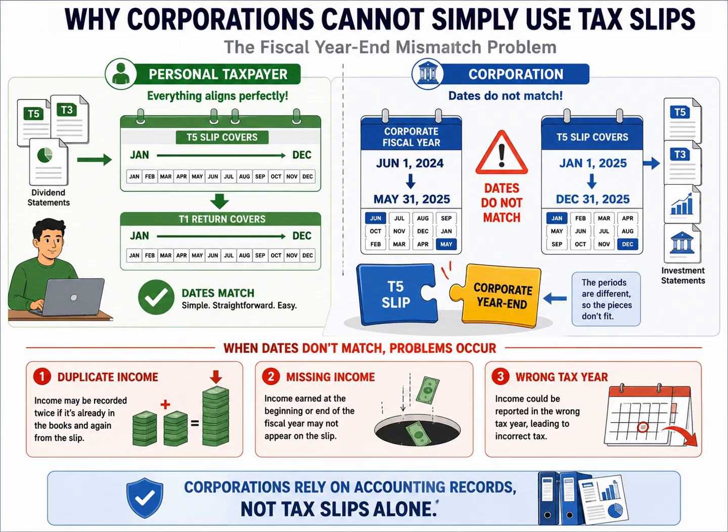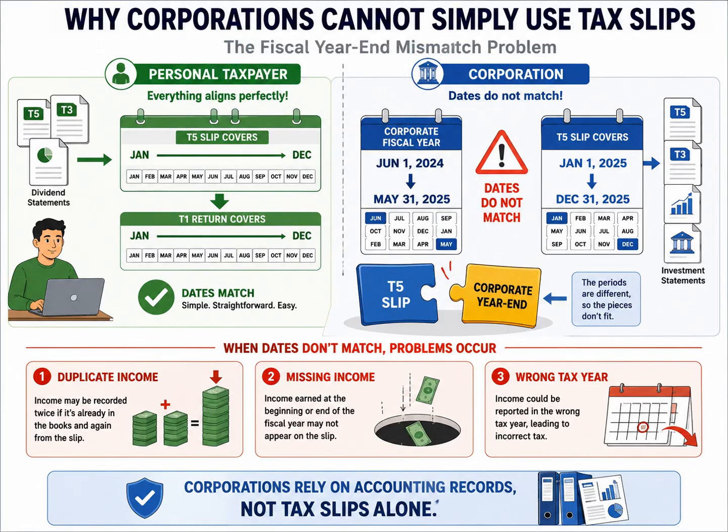If a tax preparer simply enters the entire T5 amount into the corporate return, several problems can occur. Some income may be reported twice. Some income may be missed entirely. And some income may end up being reported in the wrong taxation year. This can lead to inaccurate financial statements, incorrect tax calculations, and potential CRA reporting issues.